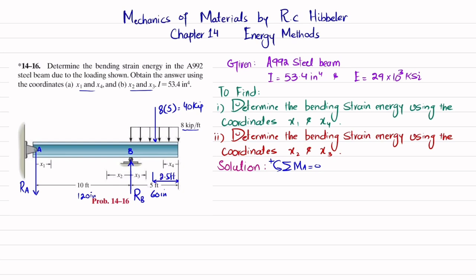Now we will apply the equation of equilibrium at point A. This load RB, with perpendicular distance 10 feet, is producing a counterclockwise moment, so it will be positive. So I will write RB multiplied by 10. The second moment is due to the 40 kips load, and the perpendicular distance will be 12.5 feet, and this is producing a clockwise moment, so it will be negative.